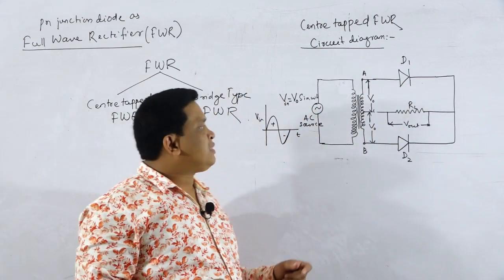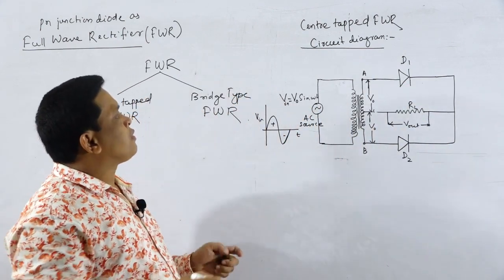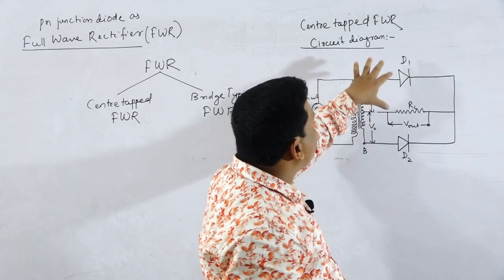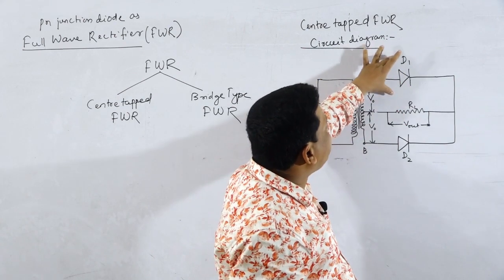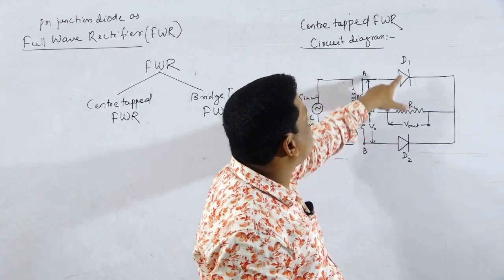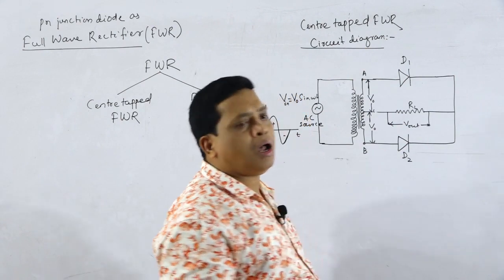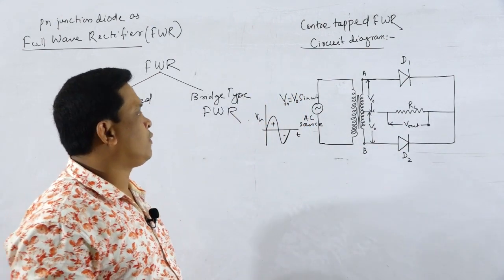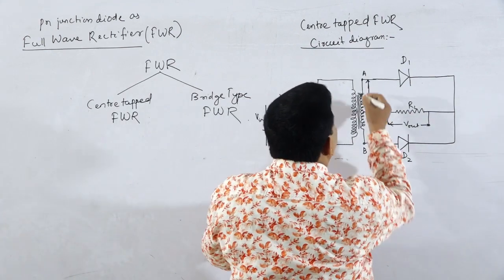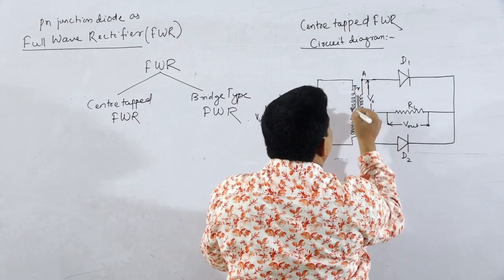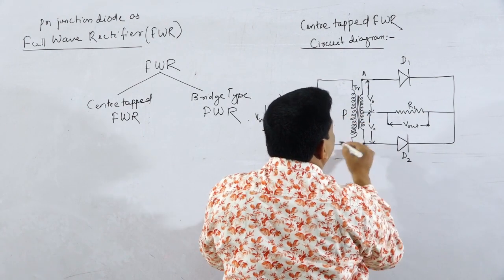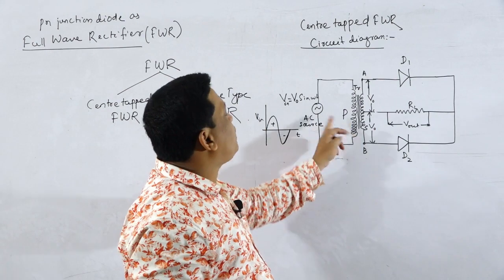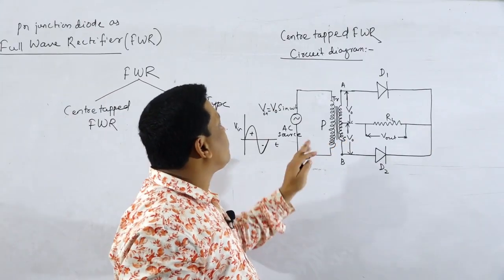Okay, look at this circuit diagram. In this circuit diagram, we have used two identical PN junction diodes. So D1 and D2 are two identical PN junction diodes. So this is the transformer TR having primary winding P and secondary winding S. So this is the primary winding, this is the secondary winding.